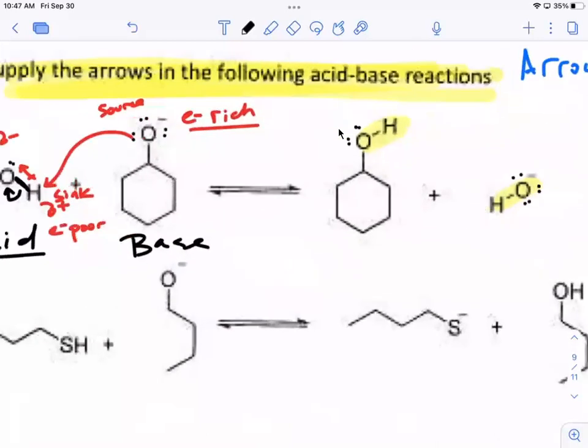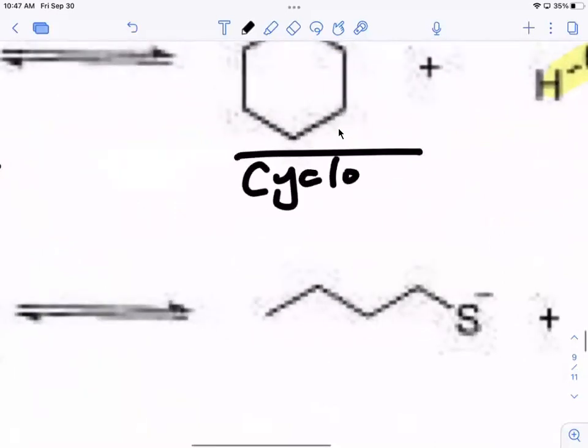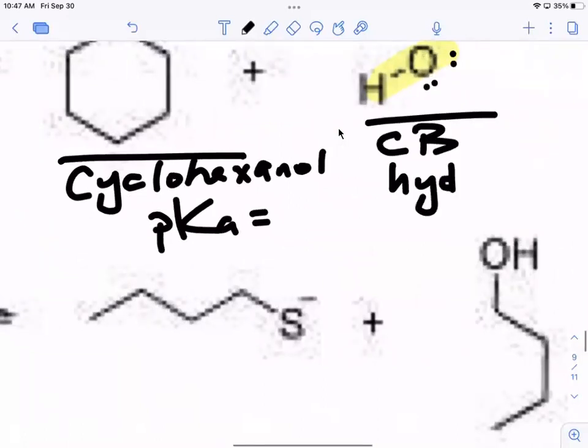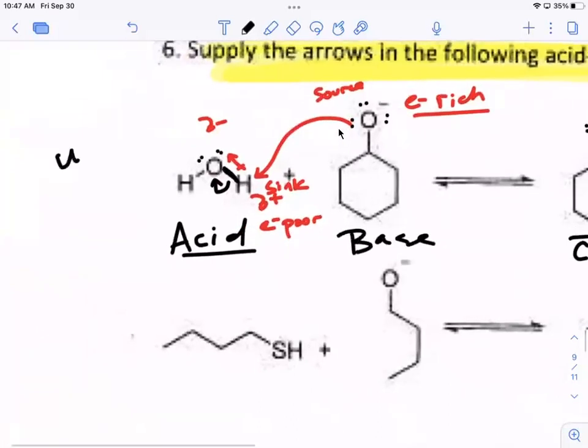All right. So over here we have cyclohexanol. I want somebody to look up the pKa for that. Go ahead and Google it. And we have the conjugate base, which is the hydroxide ion. And then while we're at it, somebody look up the pKa for water.